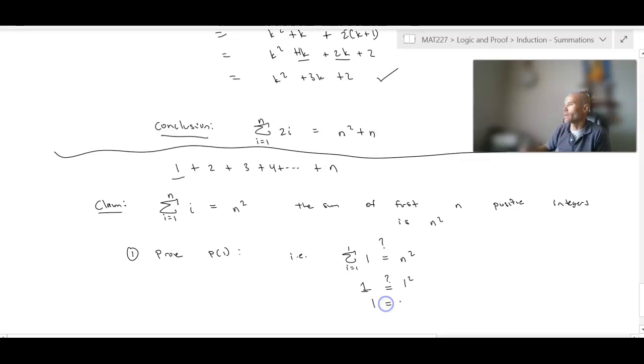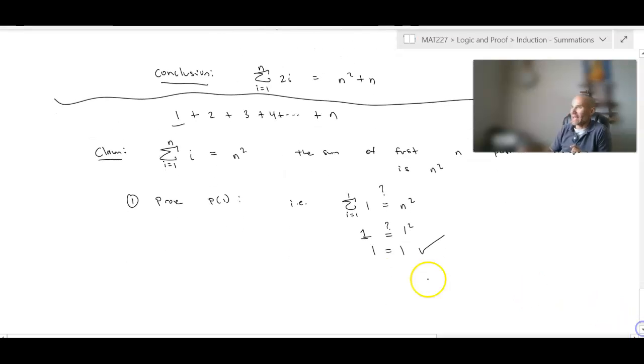Well, check it out, 1 equals 1, and so all is good in the world. So if we stop there, then we would be in trouble, because this formula is not going to work. And you might think that, well, because you assume p of k, that might be an error in logic. But remember, there's still a burden of proof on us. And so let's just go through the motions.